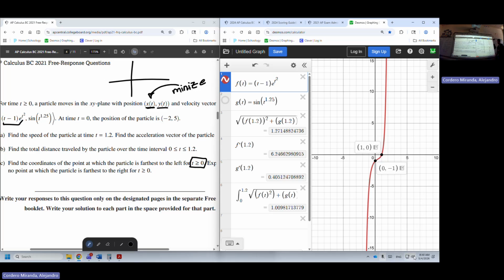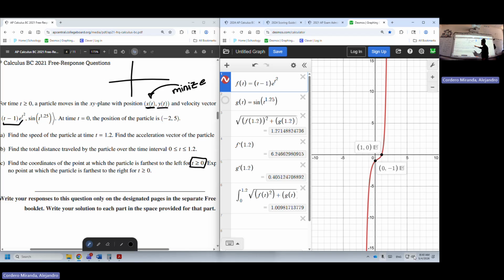And so it says find the coordinates of the point at which the particle is furthest to the left. So you can't just say the minimum happens at t equals 1. You actually have to go and find the position of this at t equals 1. So there's a lot of layers to this, but the hard part of the problem is finding out, okay, t equals 1, that's where my minimum is. Now you have to go and find the position, which is start plus accumulation.